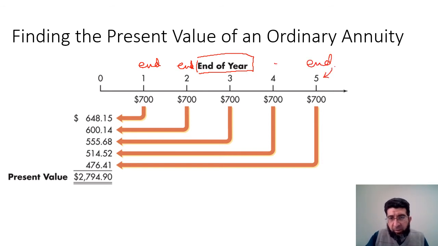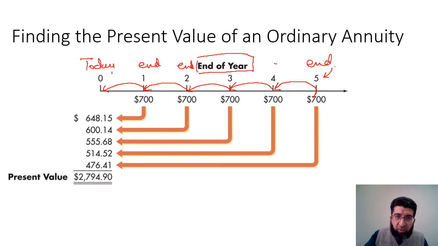Now, the annuity that you will receive at the end of 5th year, for present value, we'll bring it back to 4th year, from 4th to 3rd, from 3rd to 2nd, from 2nd to 1st, and 1st to 0. 0 means it's today. So when we are calculating present value, we always bring the investment to today, or present, whatever is the time right now.